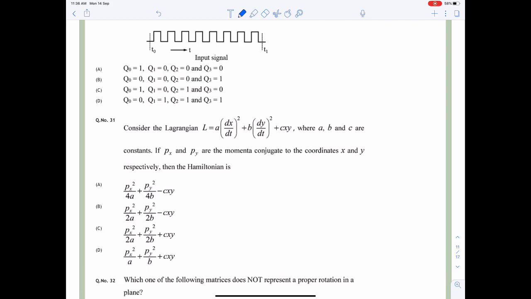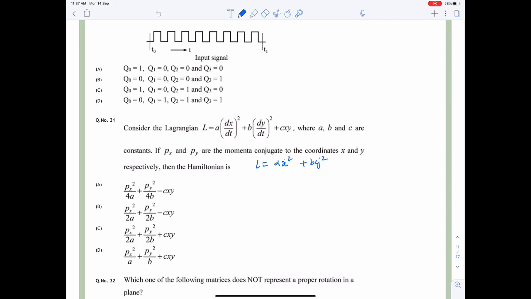So now you have been given a Lagrangian. Okay, so now how can you solve this question? Now see, the Lagrangian is given as alpha x dot square plus b y dot square.